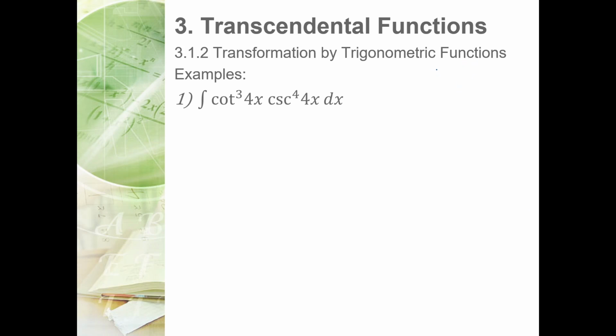Again, the n exponent in case number 1 should be even and positive. Next, we factor out cosecant squared u du, and then the remaining cosecant squared, what is left of the factored out term, we replace by cosecant squared u equals 1 plus cotangent squared u.